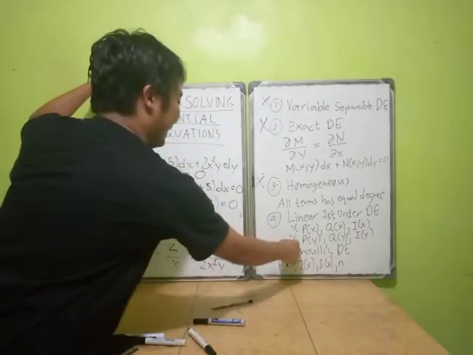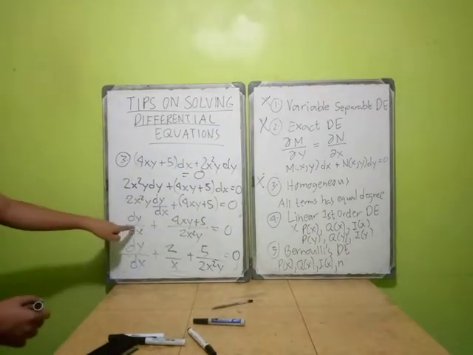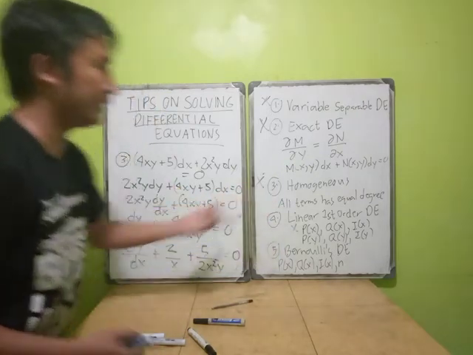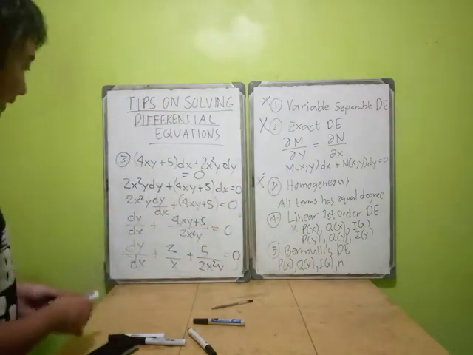Okay. So, try natin is py. Yung dapat may py, dapat maging dx over dy. So, hindi pwede. So, hindi pa tayo tapos kay linear first order DE. Itong first option, hindi pwede. What if second option?